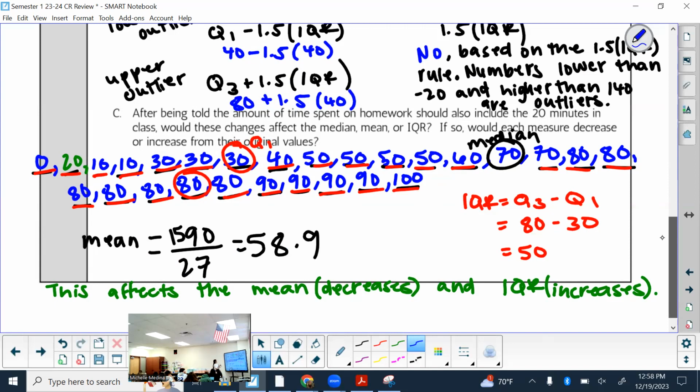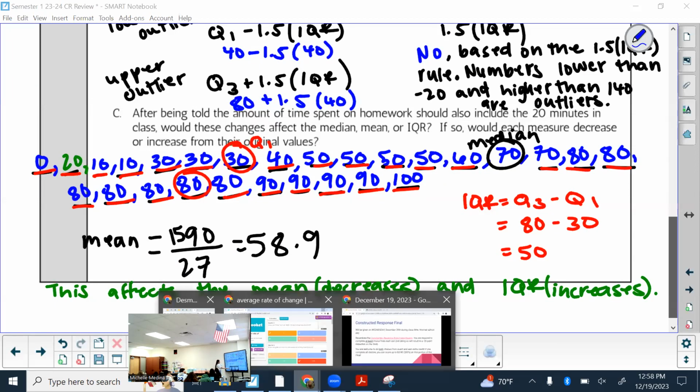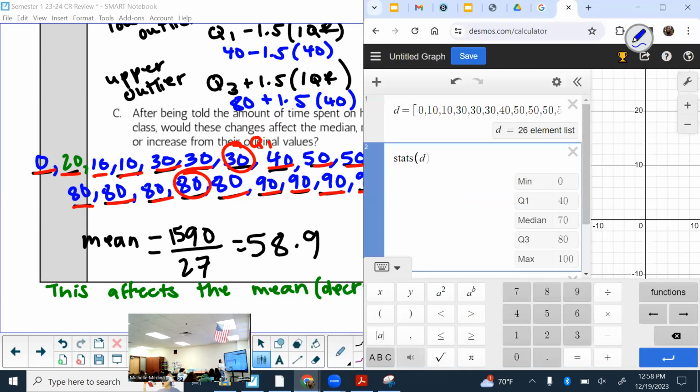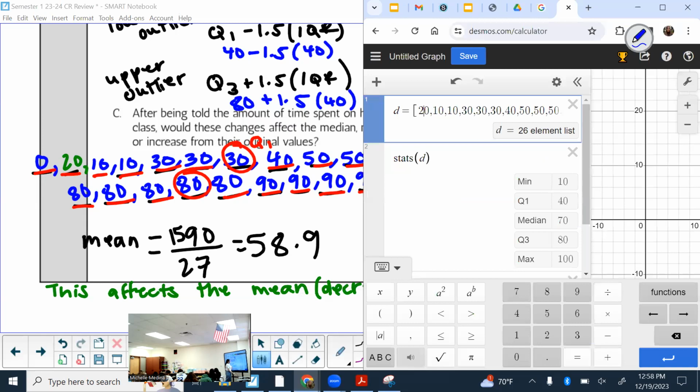So all you would really have to do is now add this data point. So they want us to include an additional data point. So I'm going to go to my calculator and add in the number 20 and a comma. So now I have 27 data points, and see how that changed your data.